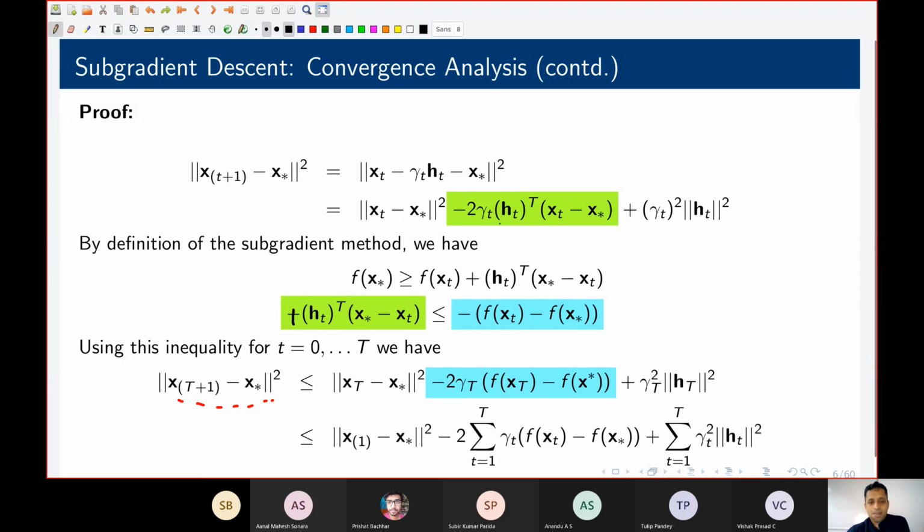Here we have x star minus x, so it will not change. Oh, sorry. Yeah, this is xt minus x star. Okay. So we are fine. I think this was a small correction.